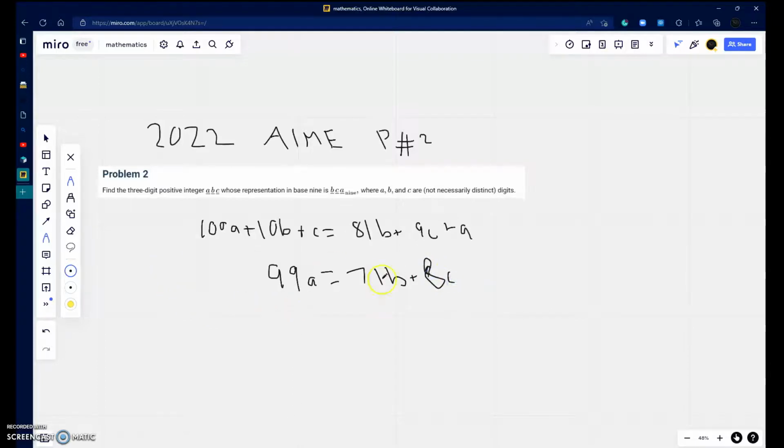And now we can solve for A, B, and C to find our answer.